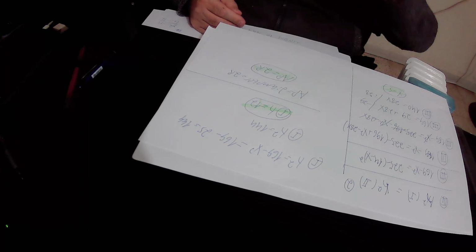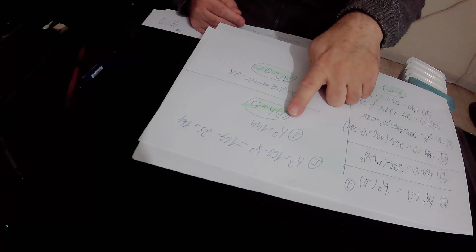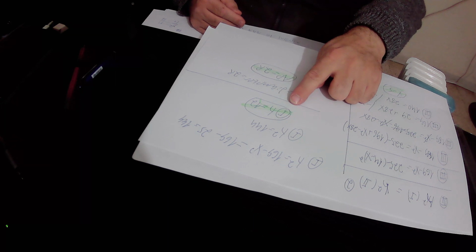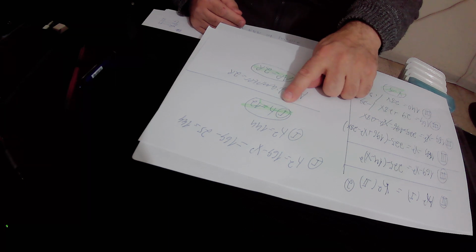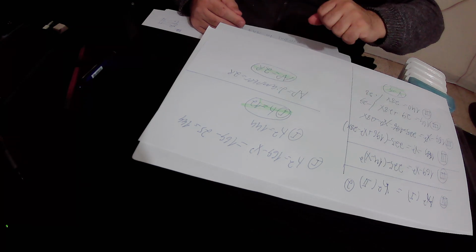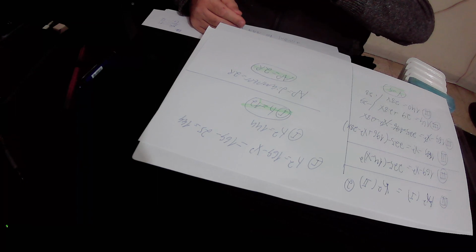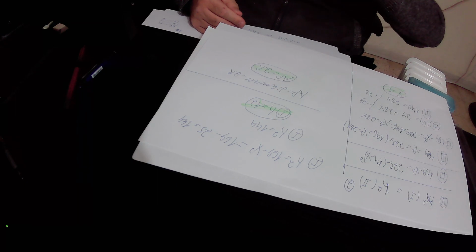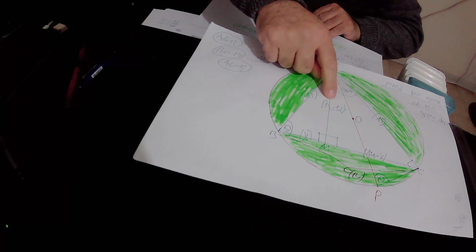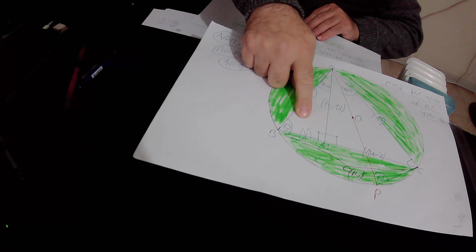So we found out in conclusion that h squared equals 144. We took a root out of this equation and finally found out that h equals the square root of 144, that is 12. So h equals 12 units and x equals 5 units. Here h equals 12 and here x equals 5.